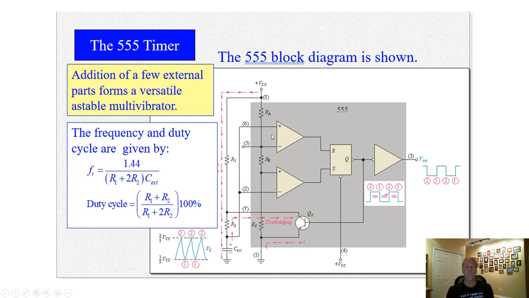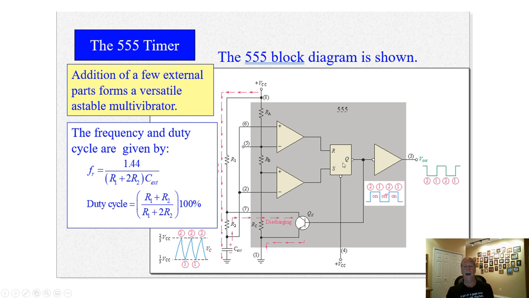Now notice these comparators are connected up to the capacitor, okay? Internally you have a resistor ladder, right, which generates these reference voltages. So these comparators are referenced. This top comparator is referenced to a higher voltage than the bottom comparator.